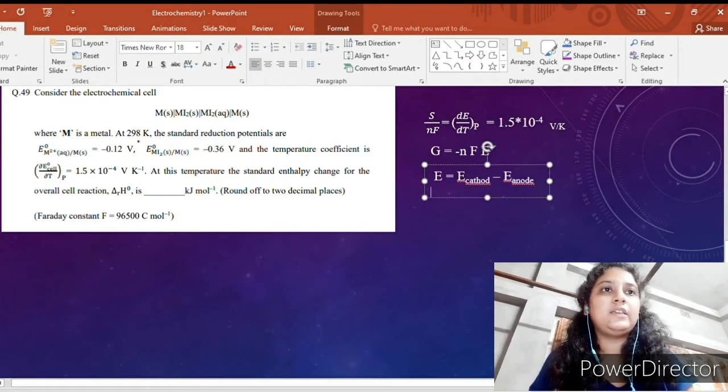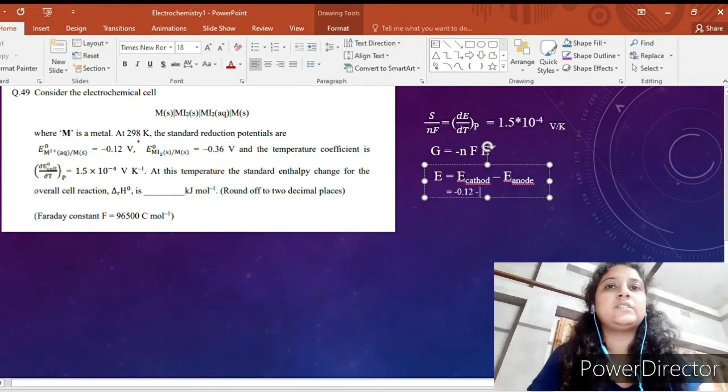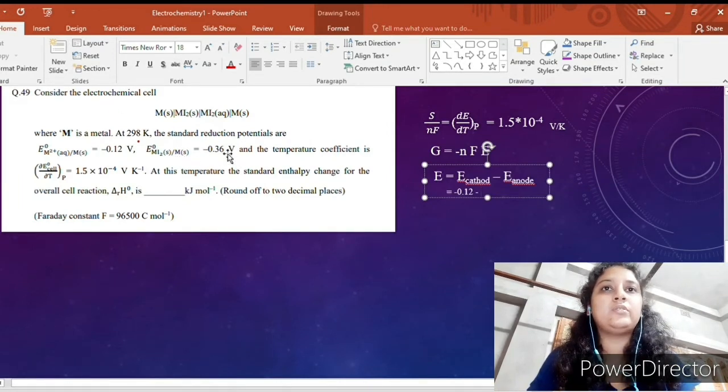Here E cathode means the reduction reaction, M2+ to M, and this value is equal to minus 0.12 volt. Then minus E anode, that is E anode is equal to minus 0.36.